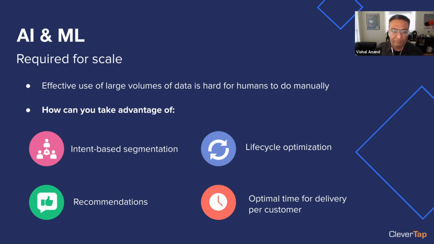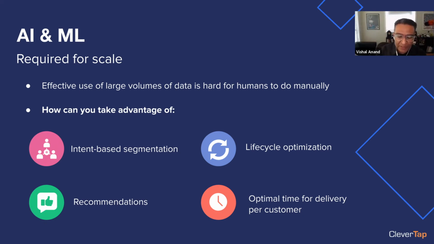If you have thousands of items in the catalog, it's a good idea to use out-of-box product recommendation. If you're trying out strategies for user retention, you should try our lifecycle optimizer. All of this exists right now, and if you're not using it, reach out. Our CS team will help, and our product team is there to help.